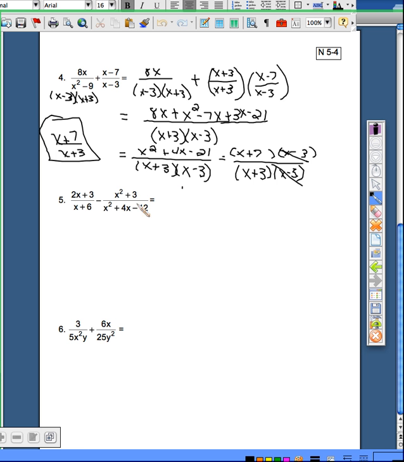Okay, looking at this next problem, this will factor as x plus 6 times x minus 2. So we have to multiply this first fraction by x minus 2 in order to get a common denominator.